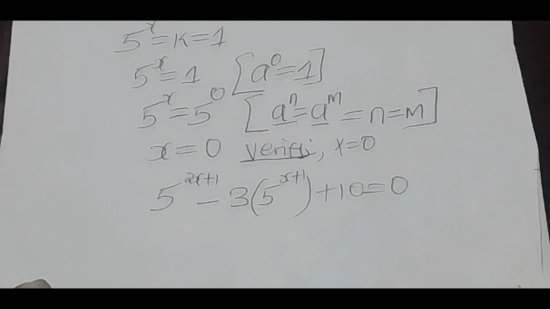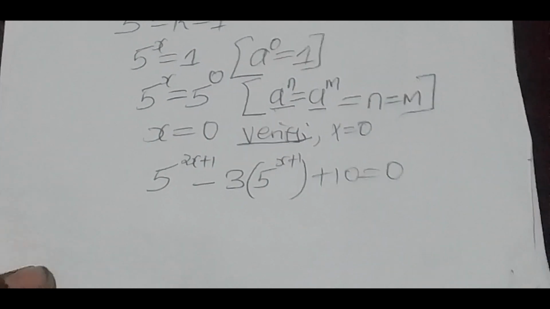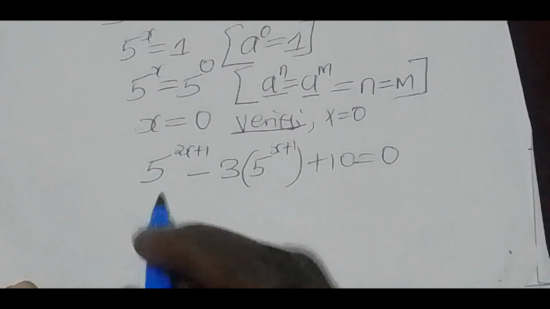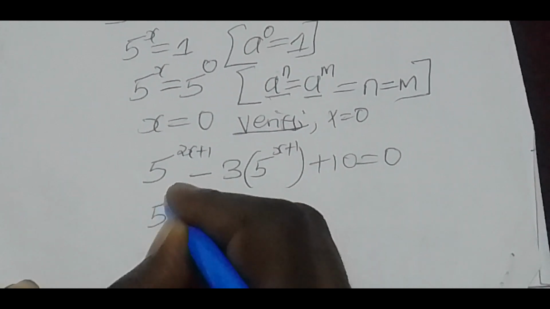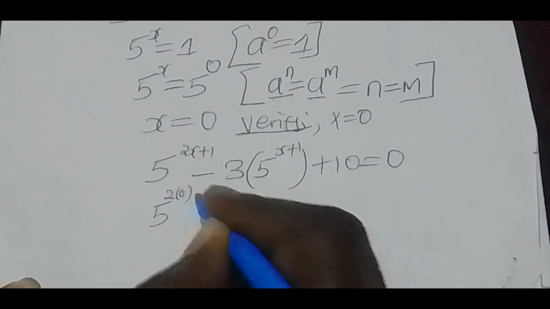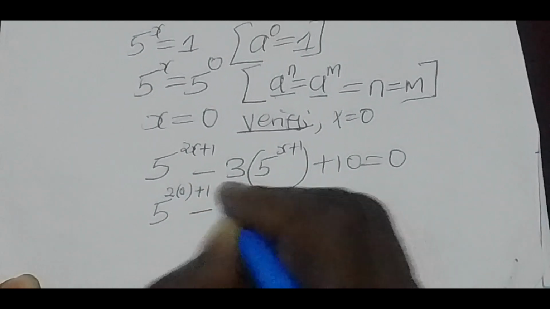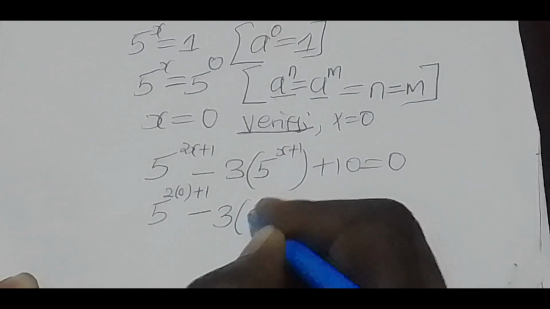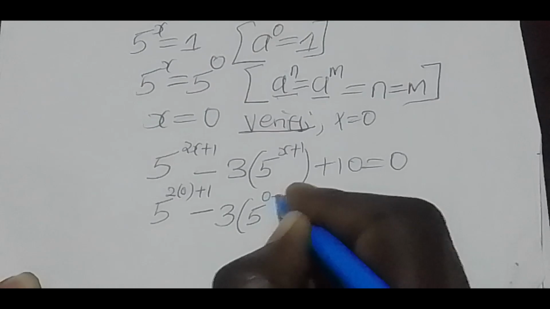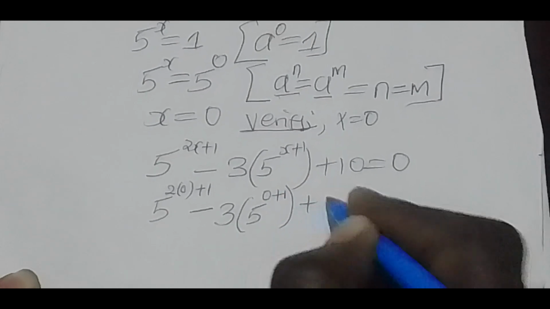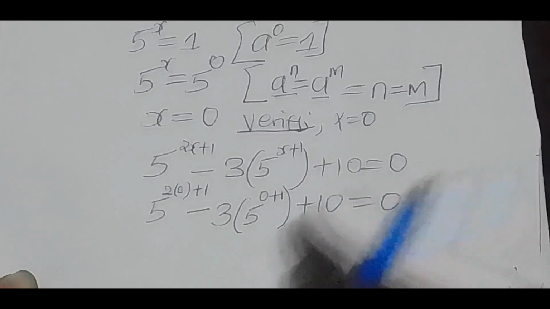This is supposed to give us 0. So we just substitute, so that we'll have 5 raised to power 2 multiplied by x, which is equal to 0, plus 1, minus 3, 5 raised to power 0 plus 1, plus 10. This is supposed to give us 0.